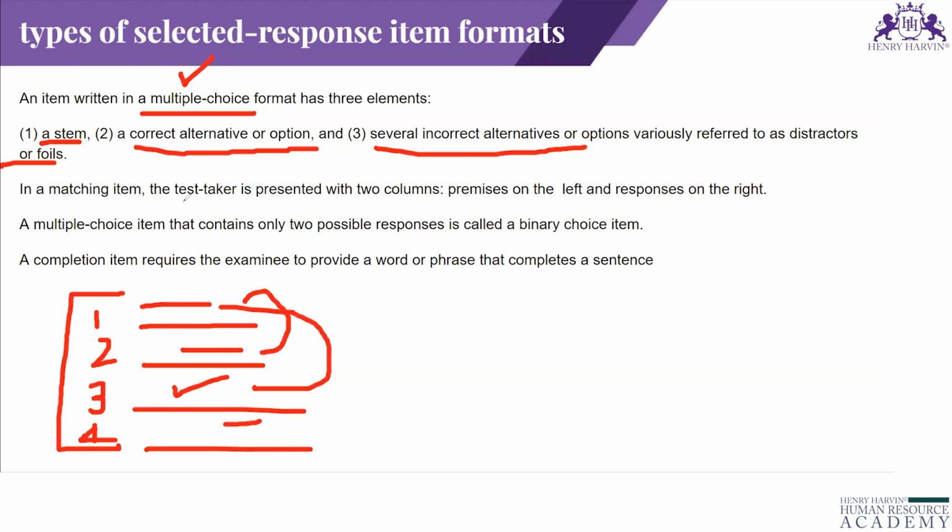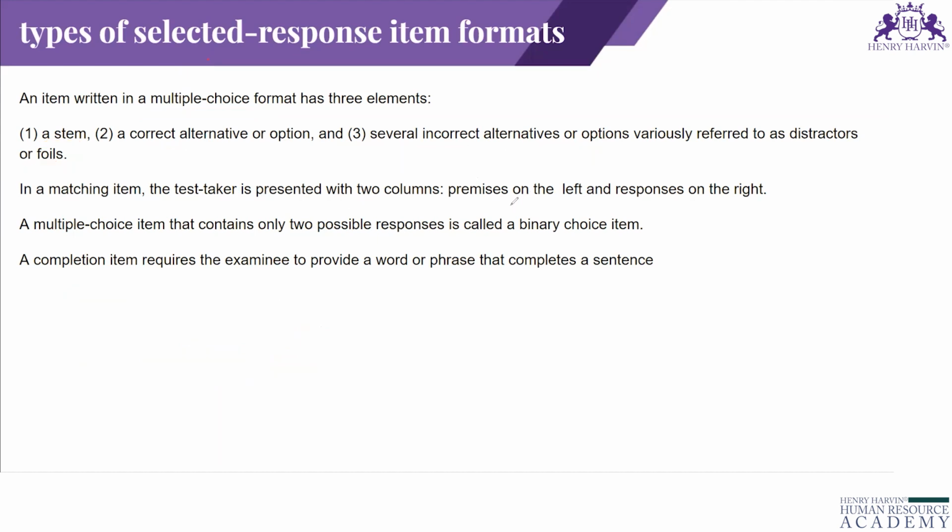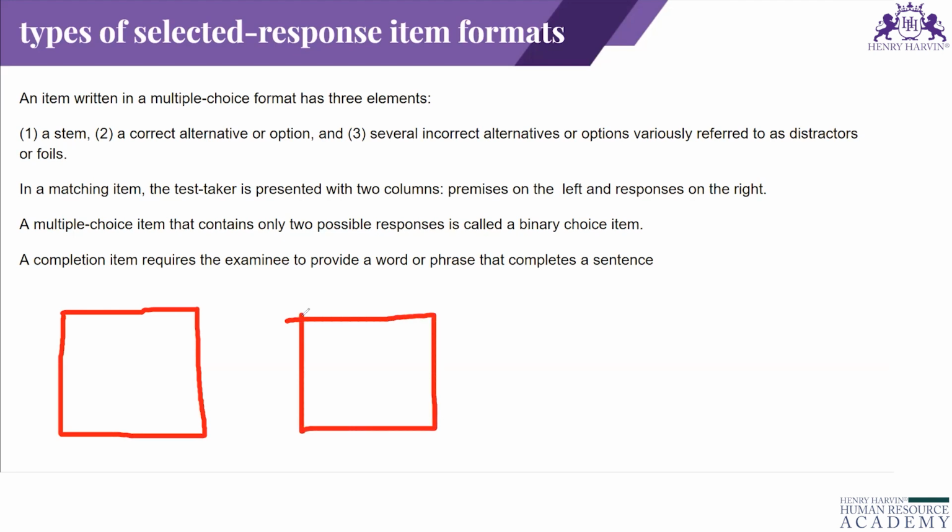In a matching item, the test taker is presented with 2 columns, premises on the left and responses on the right. So there will be 2 columns, the questions on the left and the responses on the right.